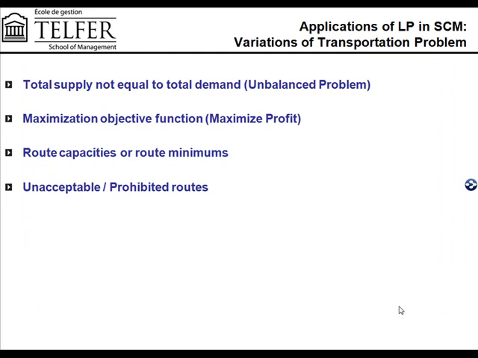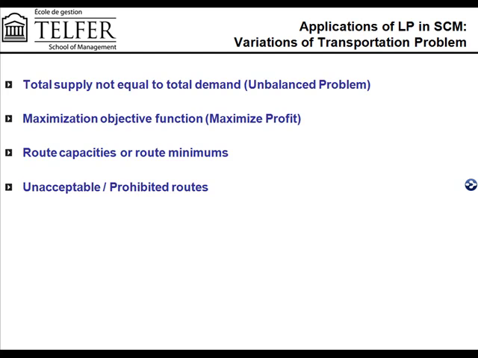And that's what I'm going to talk about next, some of the variations that you could have in these transportation problems. Some of these variations are things such as your supply not being equal to demand, or you might have a maximization objective function. Maybe the objective function in a specific scenario might not be about your transportation cost. It might be about the profit that you're making or the revenue that's being generated.